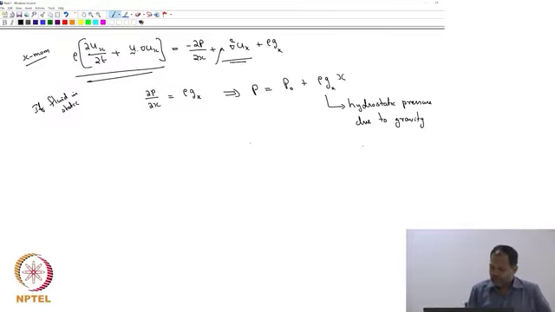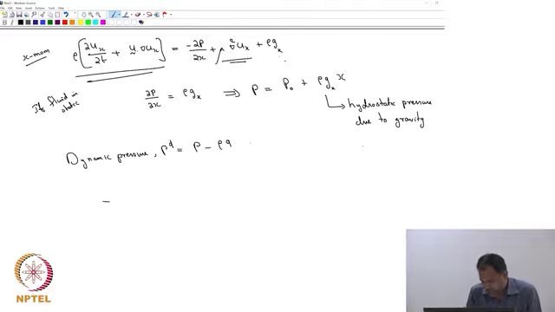So what our intention right now is to take care of this gravity, and I am going to bring this gravity in by defining a pressure, and that pressure is called dynamic pressure. P_D is defined as P minus rho g_x times x. So what am I doing? I am defining a new pressure that's equal to P minus rho g_x x.